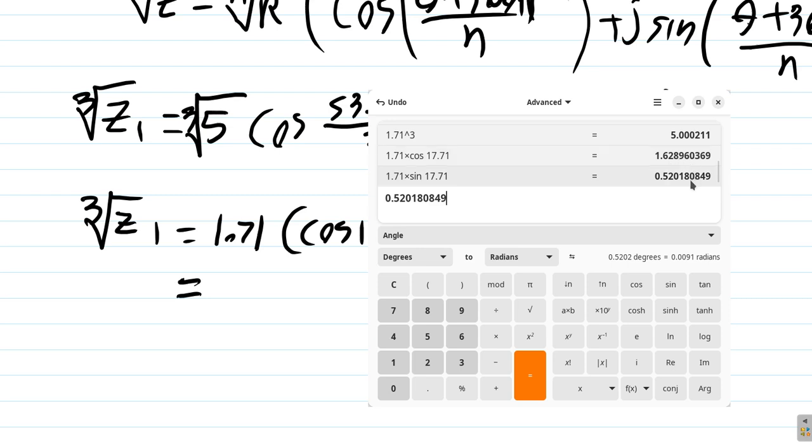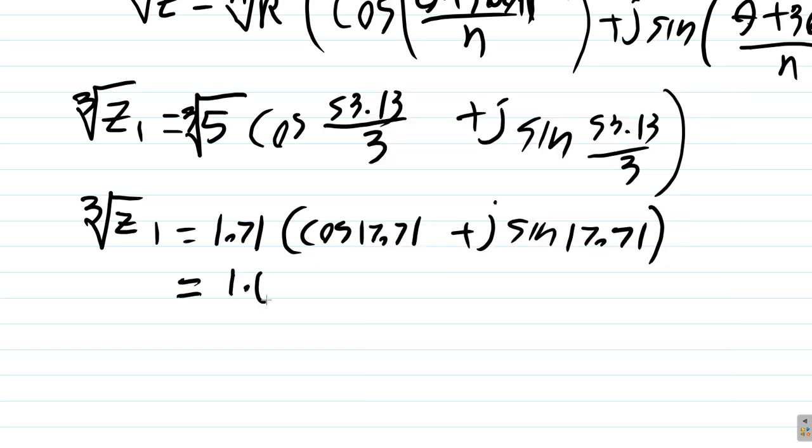So we have 1.63 plus j 0.52. That's what we have so far for the first cube root.